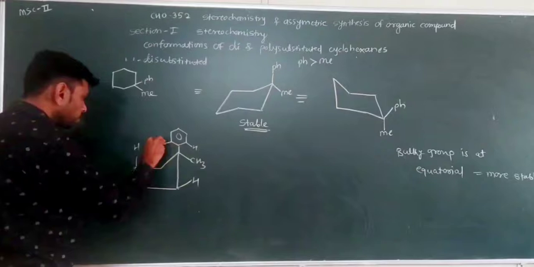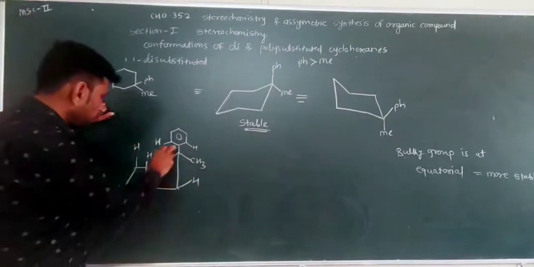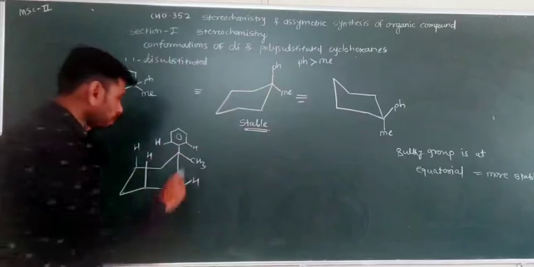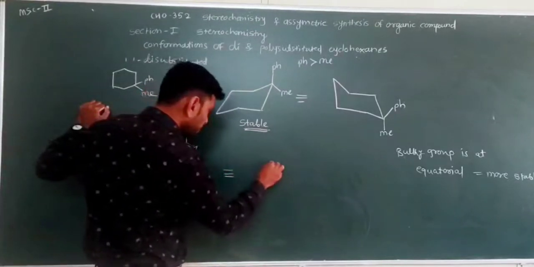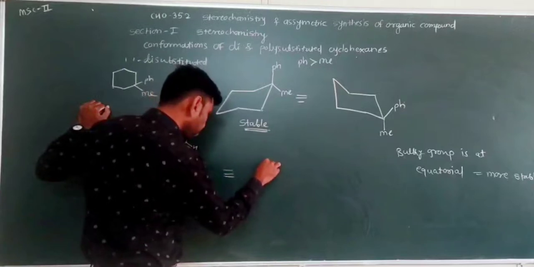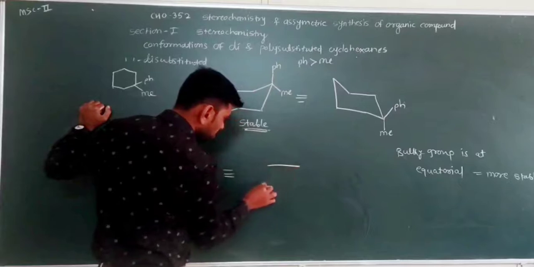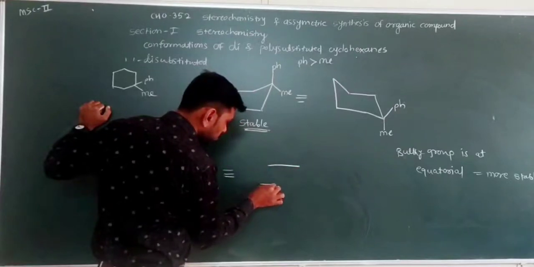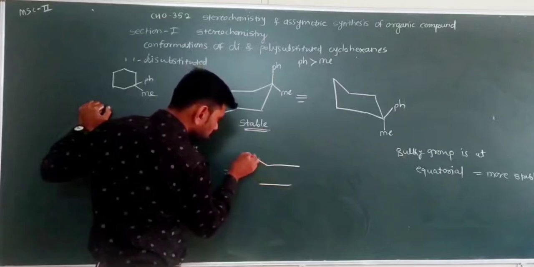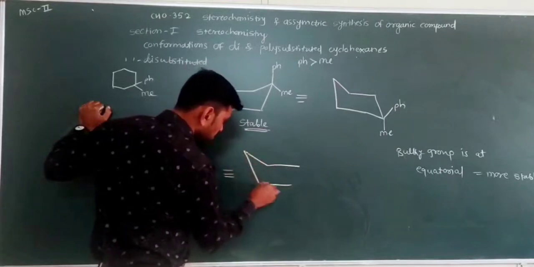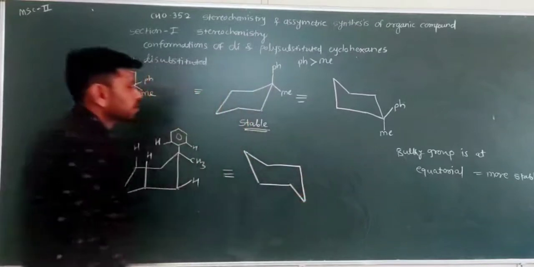So in this structure, the phenyl group is in the axial position. Now see the other structure, where we have converted this structure into another chair conformation.